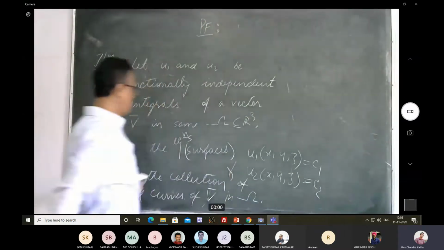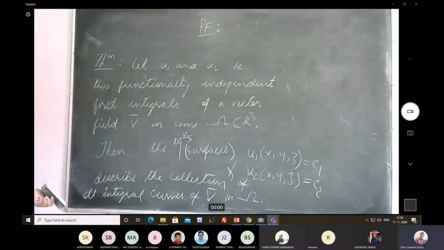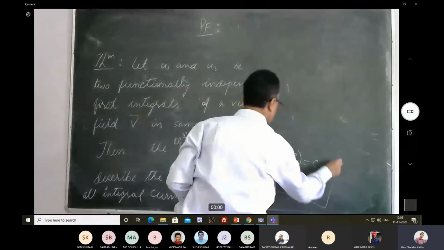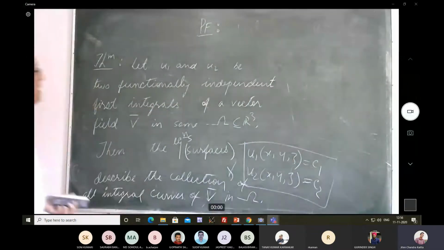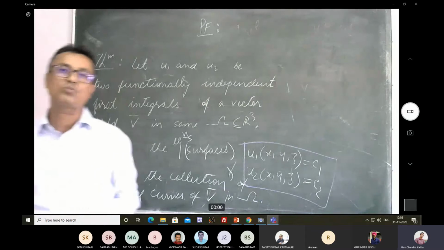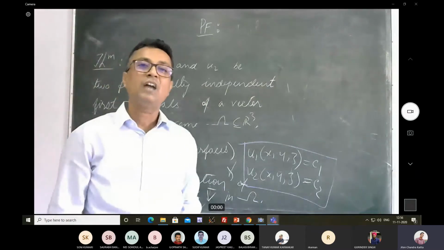Proof. Here is what we have. We are given two surfaces, U1 equal to C1 and U2 equal to C2.